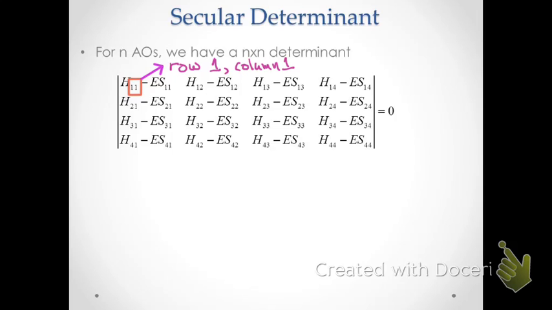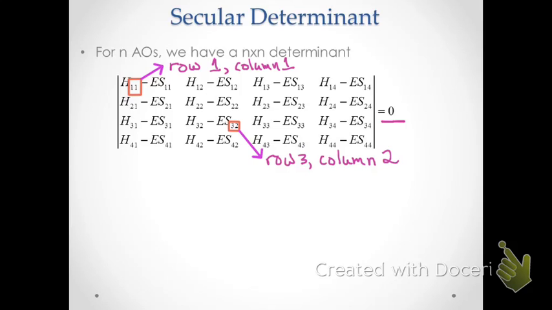So H11 corresponds to row 1, column 1, for example, and S32 down here corresponds to row 3, column 2. If you take a close look at the 4 by 4 determinant, you'll see that each of these subscripts do indeed represent the row and column number corresponding to the position of that particular element. We set the determinant equal to 0 and we solve using basic rules of determinants.